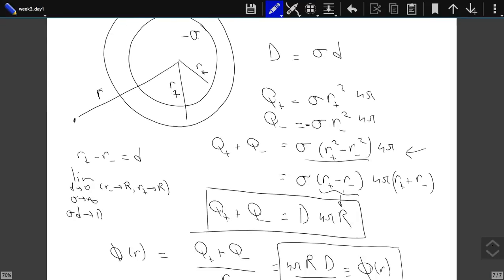Of course, this difference will go to 0, hopefully. But when we sum them up and take the limit as their separation goes to 0, keeping this dipole density constant, the total charge of my system turned out to be non-zero. And hence the potential outside is non-zero.